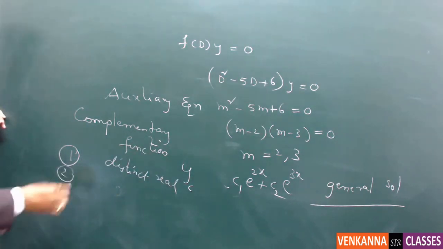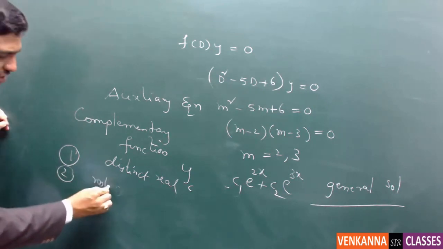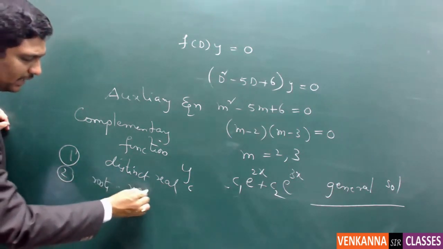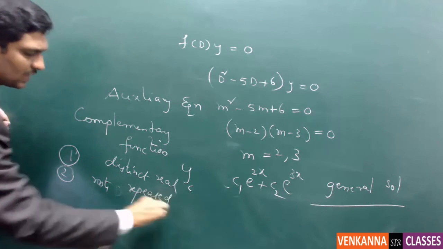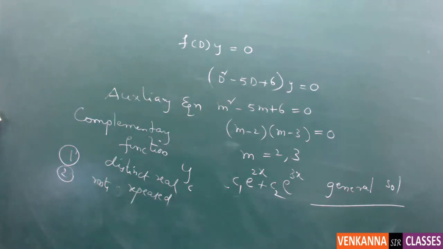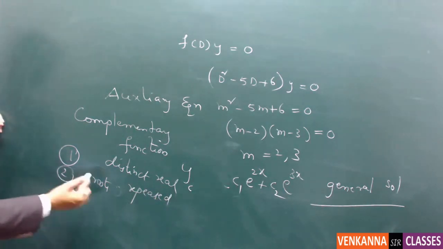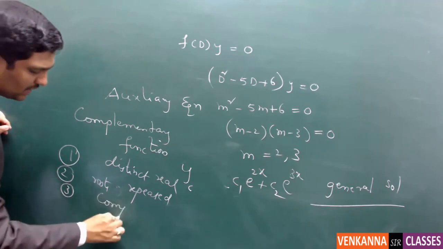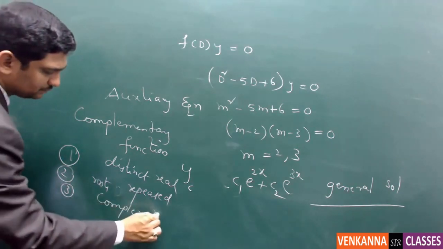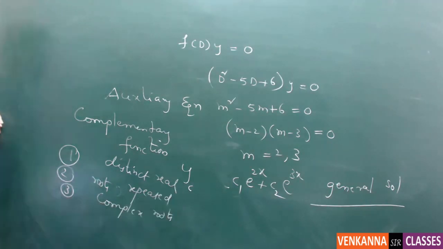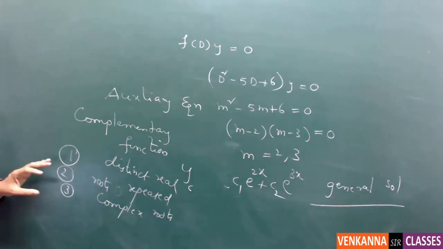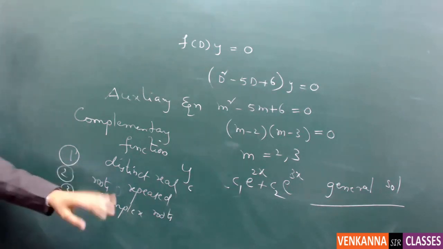Second, you have roots in which some of them are repeated, some are distinct. Third case, you will have complex numbers as roots. And sometimes these roots will get repeated also.